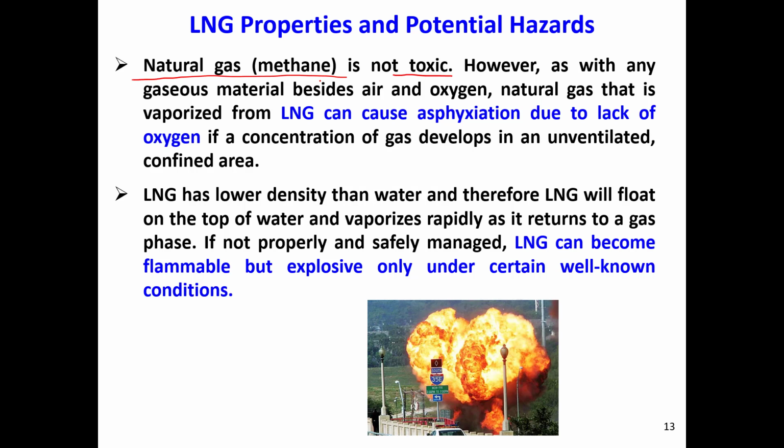If you are in a room where there is a lack of oxygen, it can damage your body. But in general, methane is not toxic. It's not like H2S, which is a very toxic gas. H2S and even carbon monoxide are toxic gases, but methane is not.